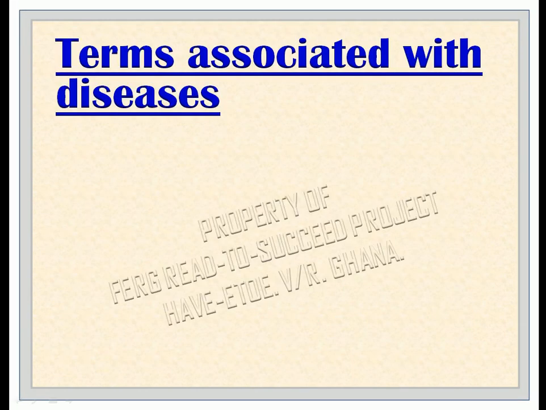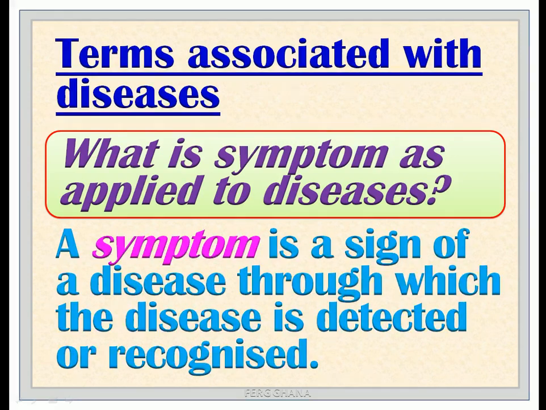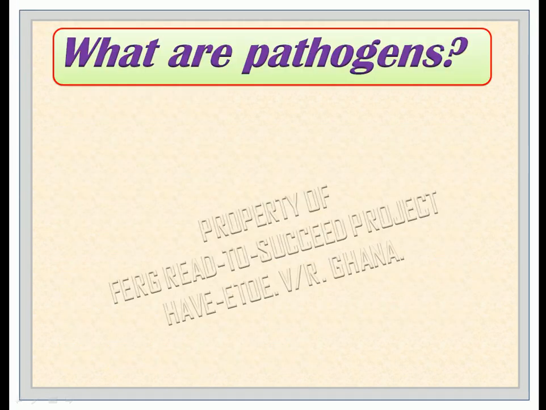Terms associated with diseases. What is a symptom as applied to diseases? A symptom is a sign of a disease through which the disease is detected or recognized. What are pathogens?